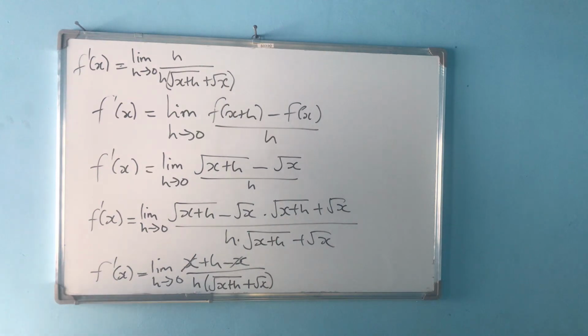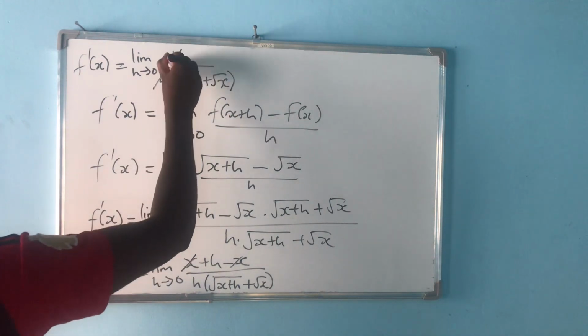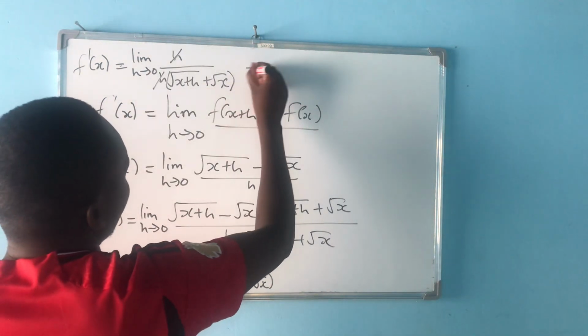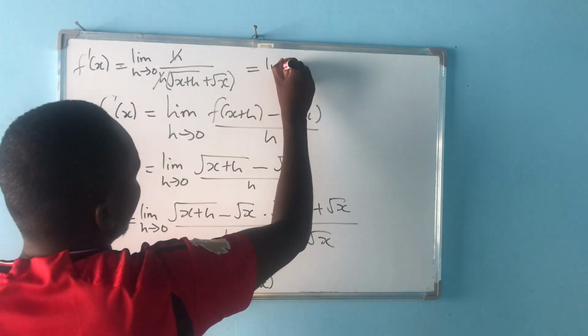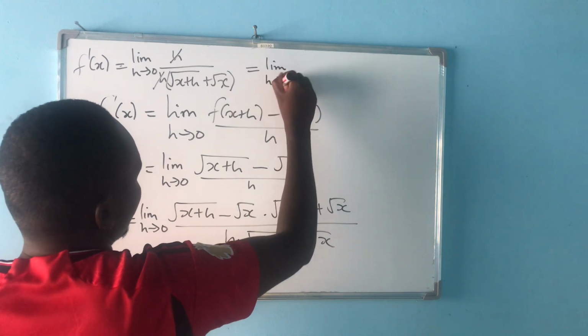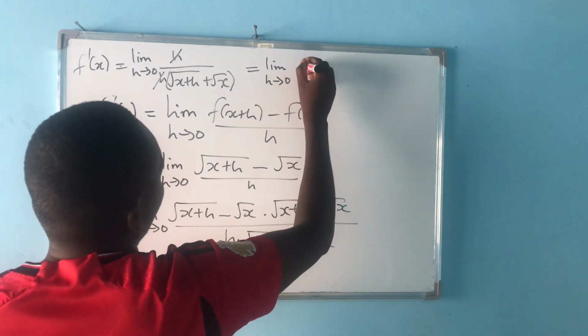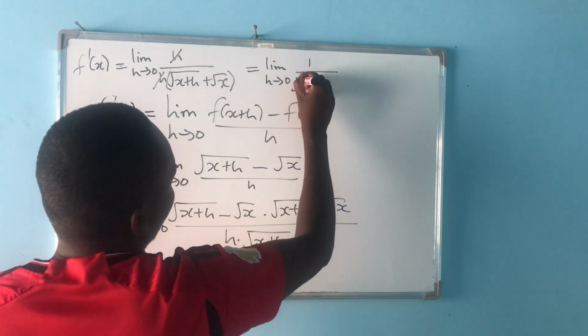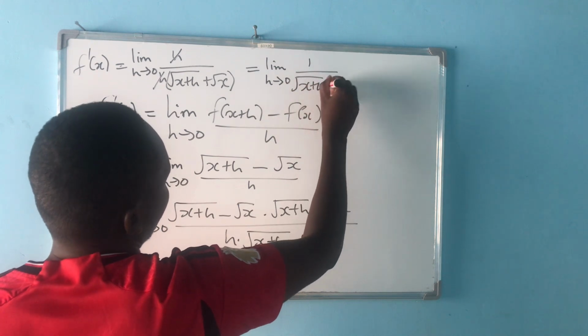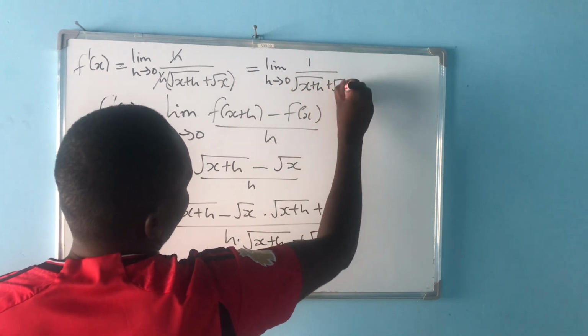We can easily cancel them out. What we are going to have is the limit as h approaches 0 of 1 over the square root of x plus h plus the square root of x.